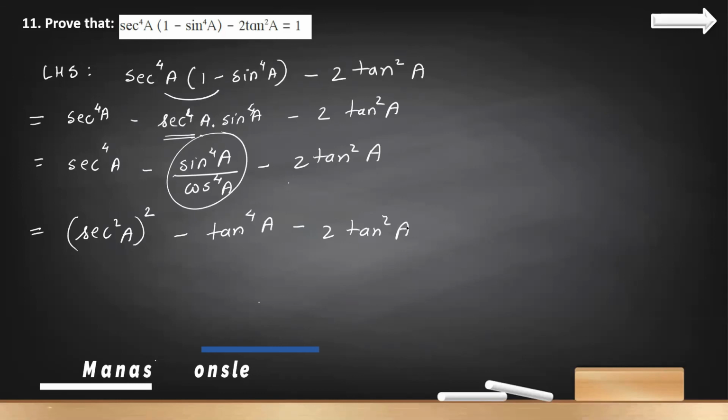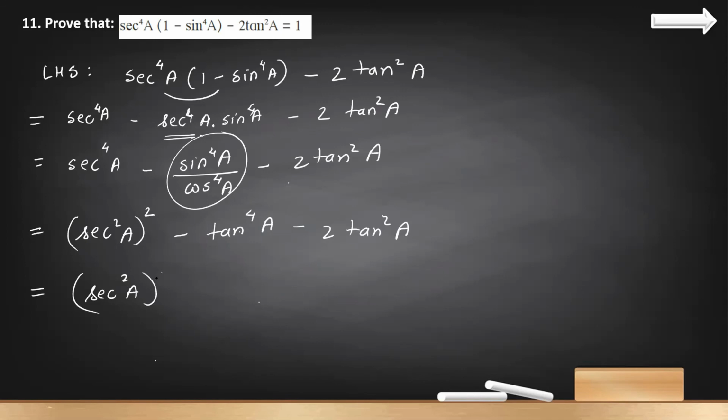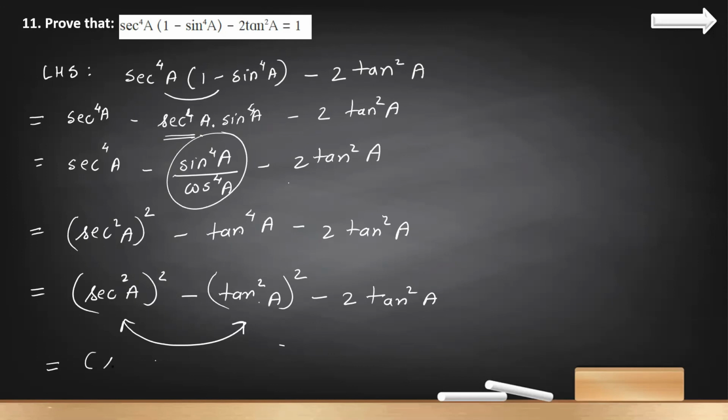Now, what I'll do, I will try to write this as sec square A whole square minus tan square A whole square, minus 2 tan square A. Now these two are in the form of a square minus b square. So we'll write this in the form of (a plus b)(a minus b).